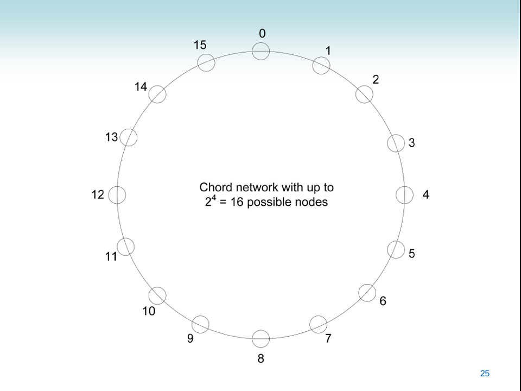If we have 1024 nodes, which is a 10-bit hash, how big is our routing table? Well, we have positions 1, 2, 4, 8, 16, 32, 64. That is, I have a route to a node which is 1 position away, 2 positions away, 64.